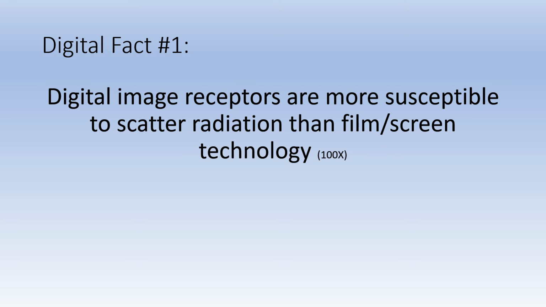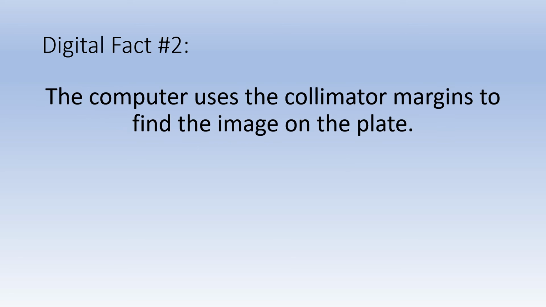This exceeds the sensitivity of film screen technology by a great amount. When exposed, DR plates will ignore pixels outside the collimated area. This conserves memory, speeds processing, and reduces file size. Finally, careful collimation leads to an image that carries more diagnostic information.